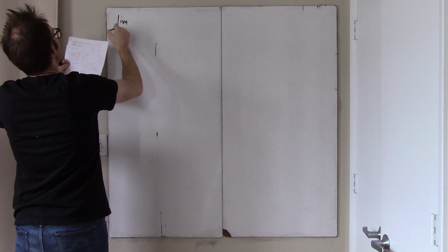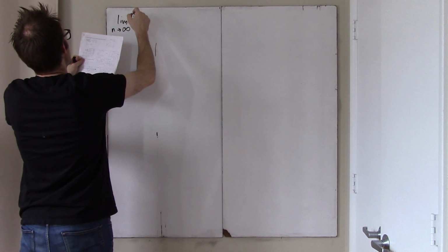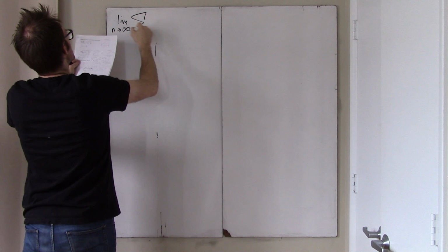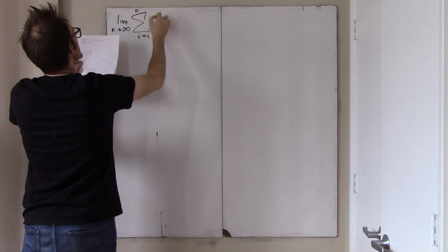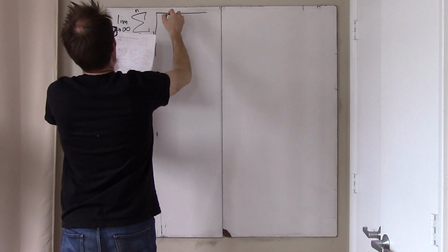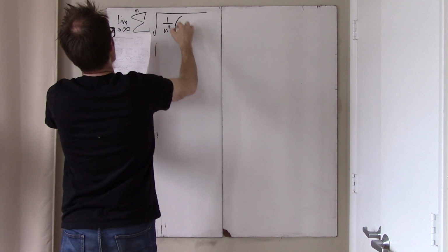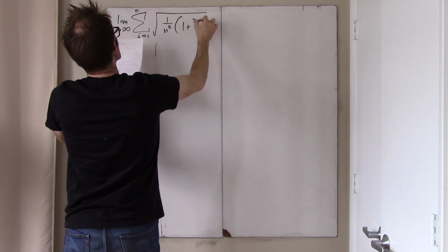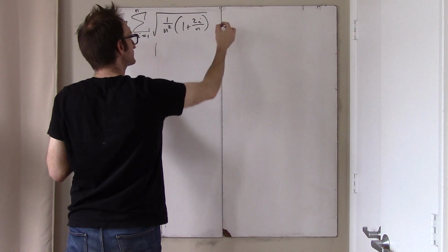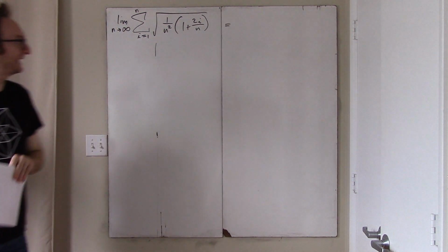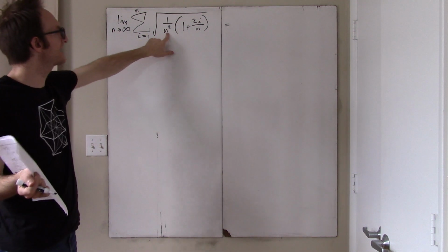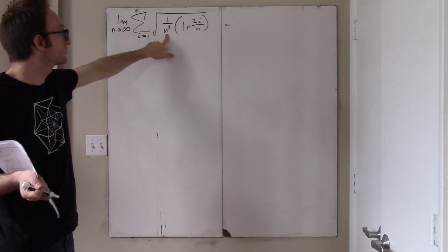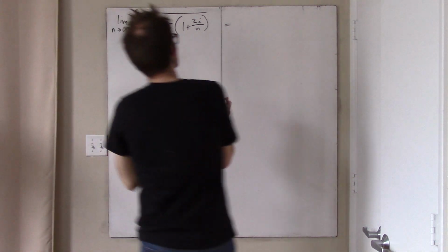This is the limit, as n goes to infinity, of the sum from i equals 1 to n of the square root of 1 over n squared times 1 plus 2i over n. Immediately I recognize that I have been given a tiny hoop to jump through, because this 1 over n squared can be taken out of the summation.